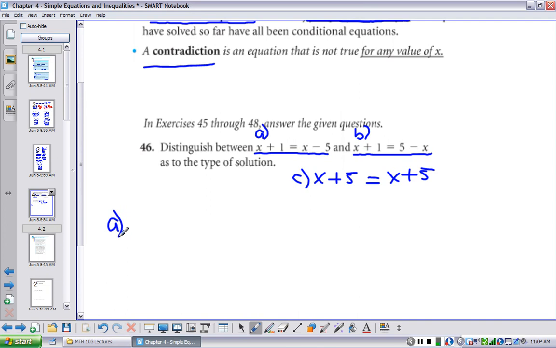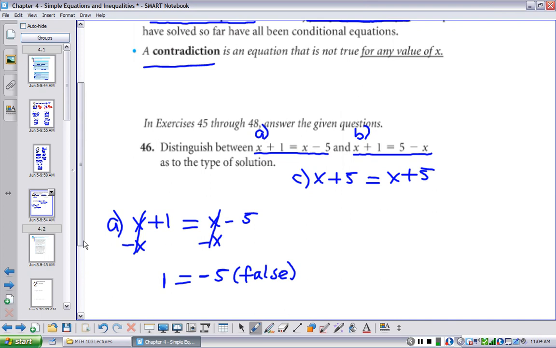Let's investigate part A. We have x plus 1 equals x minus 5. And we want to solve as normal. Let's try to get x on one side by itself. So when I subtract x from both sides, my x's go away on both sides, and I get 1 equals negative 5. Now we know that this is a false statement.